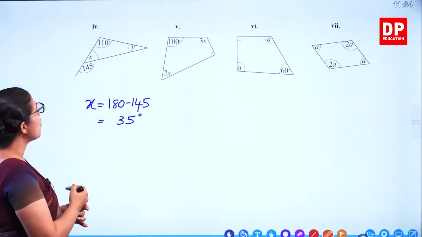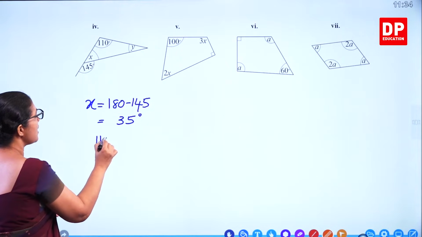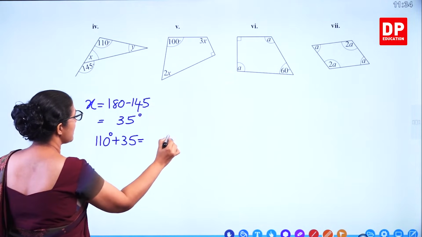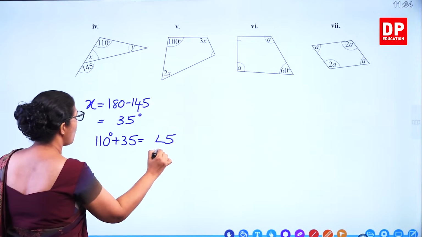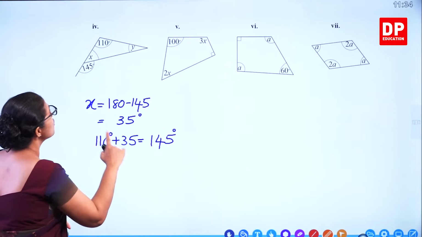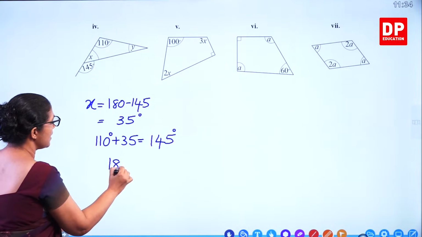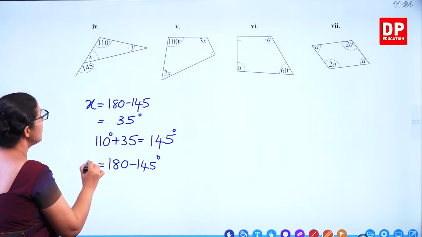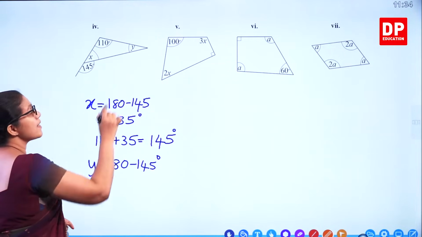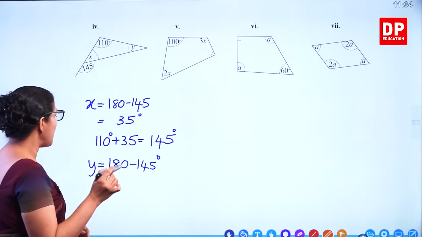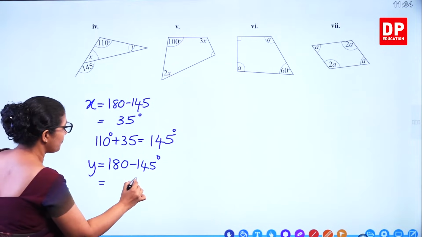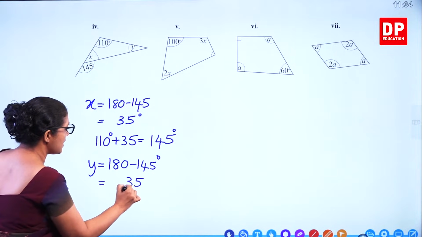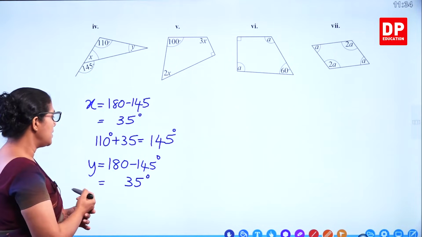So how do we find y? 110 plus 35, you get 145. So 180 minus 145 gives you the y value, because the sum of angles in a triangle is 180. So y is 35 degrees.